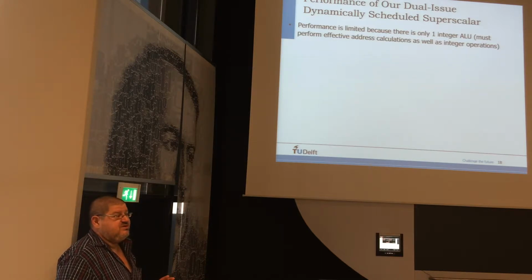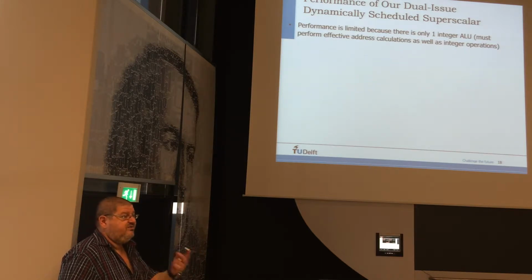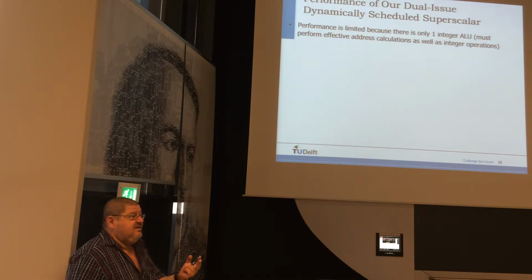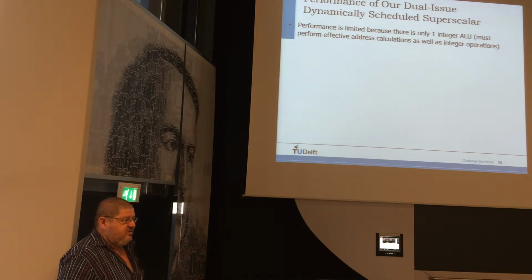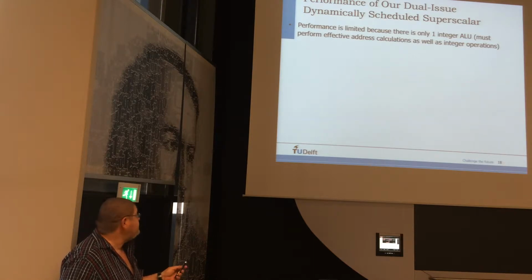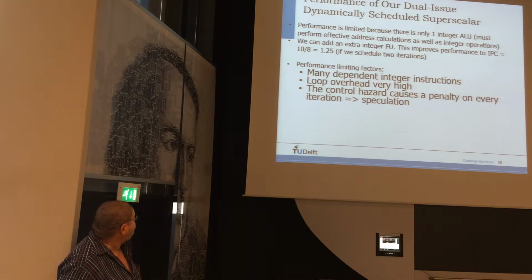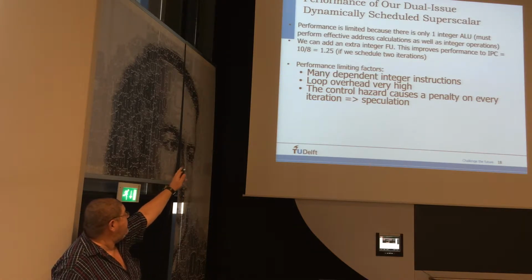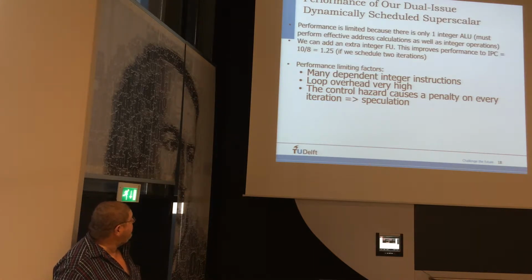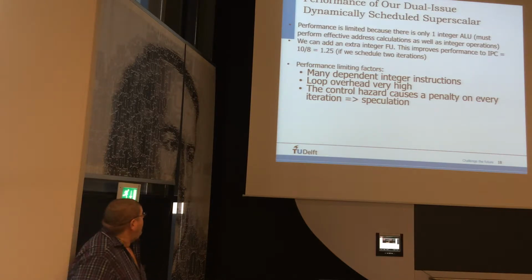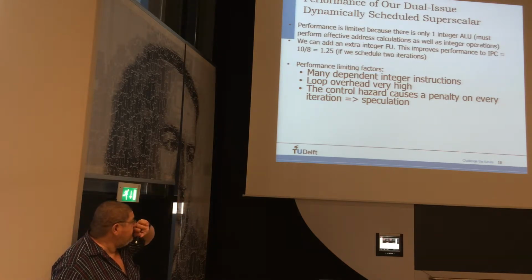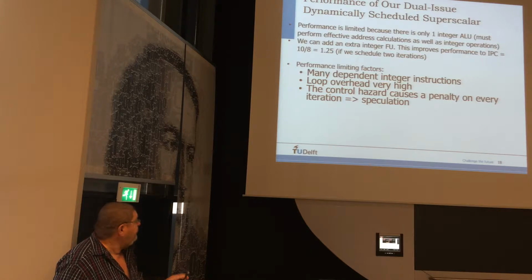DSPs, processors which deal with a lot of data, working with matrices, usually have 2 ALUs for that kind of thing. Now, if I add that, then we'll end up doing slightly better. Those are essentially the limiting factors for this machine.